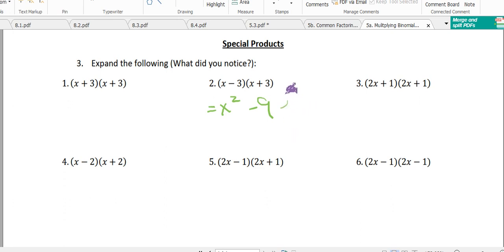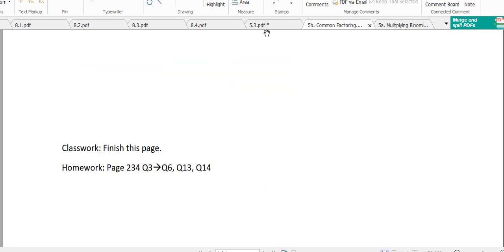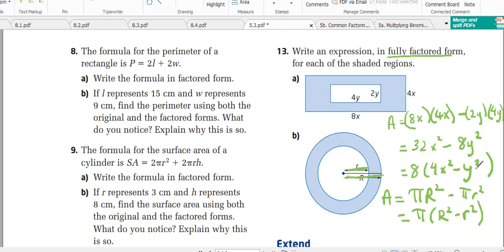Now, how can I go backwards? Well, square root, square root. And I dive more into this in the next lesson. So for this particular question, if you left it at that, it's fine.